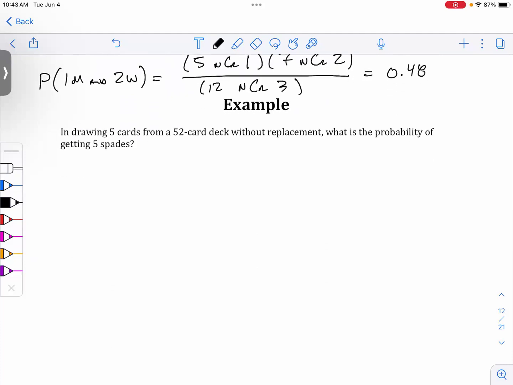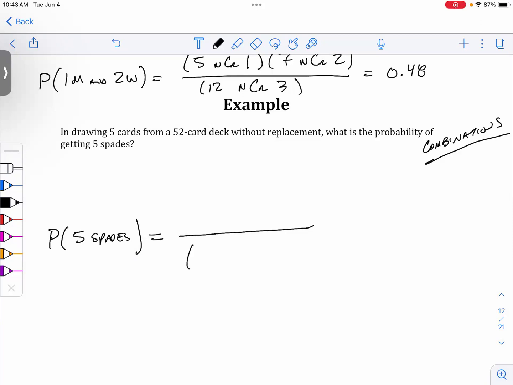In drawing 5 cards from a 52 card deck without replacement, what is the probability of getting 5 spades? Basically, whenever dealing with cards, our standard 52 card deck, that is always a combination. Probability 5 spades. In the denominator, we actually already calculated this one.